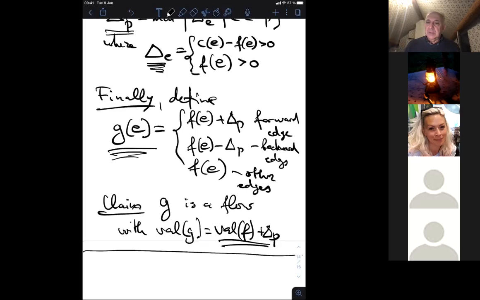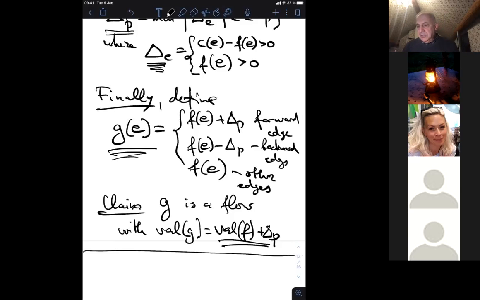And for this cut, we are fully using the capacities of all edges going from P to P complement, and we are not using any of the edges going back. So the value of the flow on all edges going back is 0.